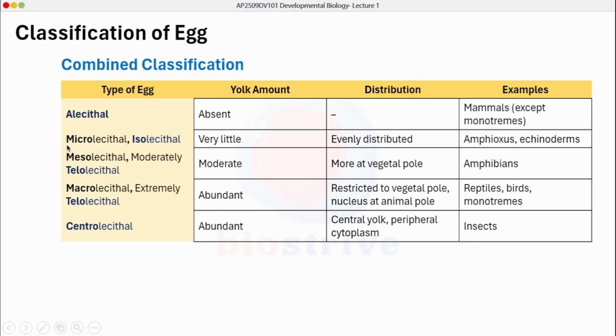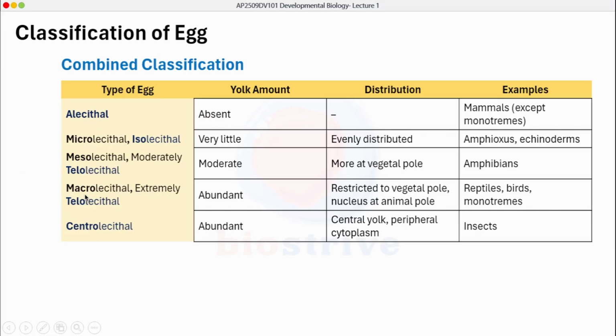In case of microlacithal eggs, microlacithal is common with isolacithal, so yolk is very little and evenly distributed. Examples are amphioxus and echinoderms, as we talked about. In case of mesotelolacithal eggs, the amount of yolk is moderate and usually restricted to the vegetal pole. Example is frog and amphibians.